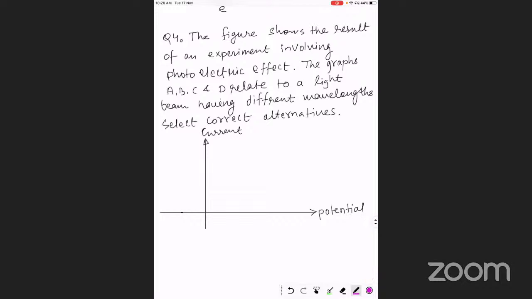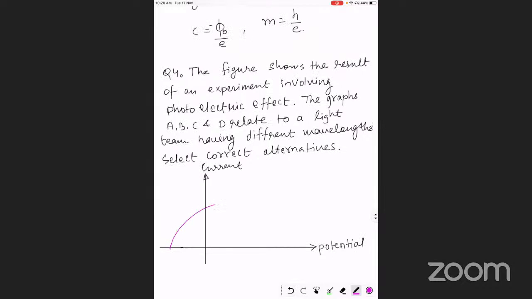See, 4 types of graphs are given like this. This is A. This is B. This is C. And D. 4 different graphs, these 4 different graphs for different wavelengths.